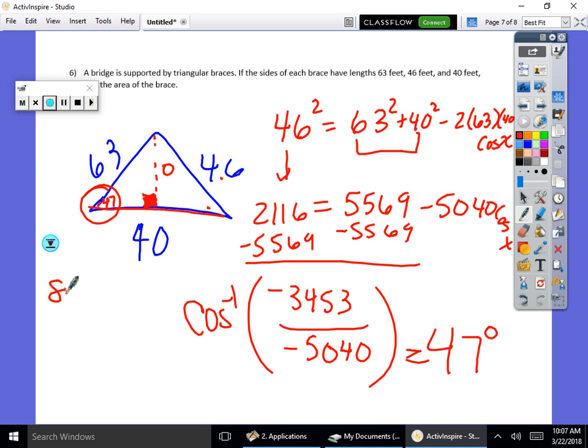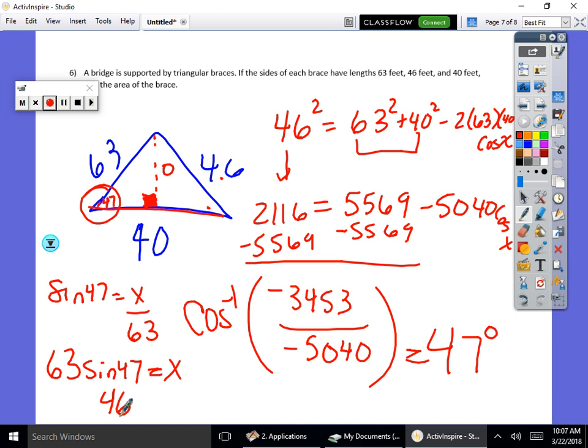So I would do the sine of 47 equals x over 63. How do I solve that? 63 times sine of 47, right? The opposite of division is multiplication equals x. I typed that in my calculator and I got 46. I got that x was 46, okay?